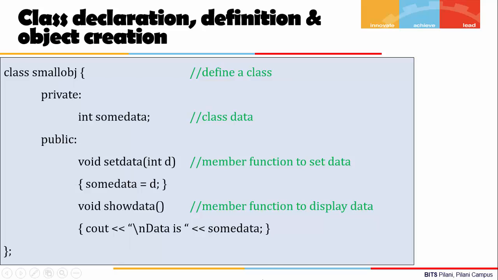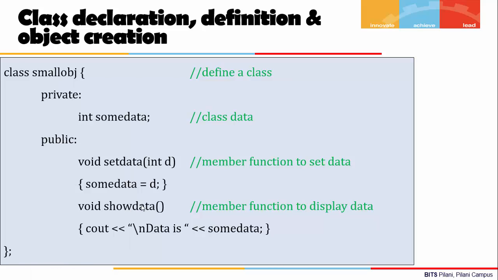So, this is the data item and two member functions. The first member function sets the data item to a value and the second displays the value.